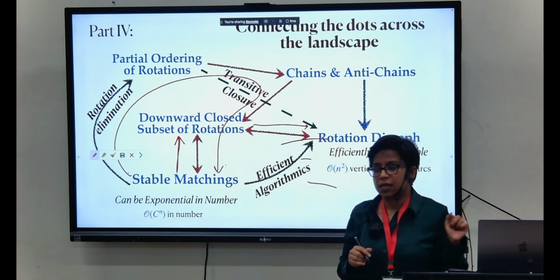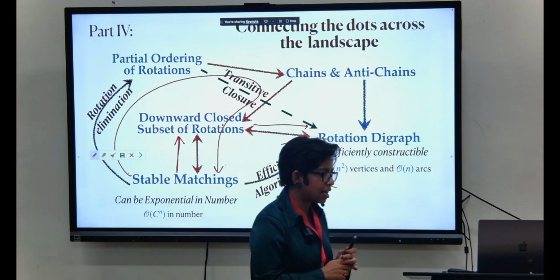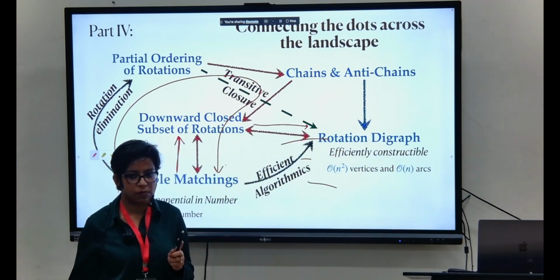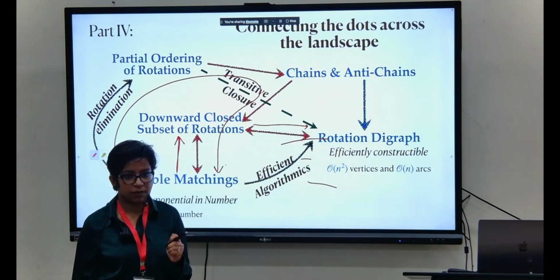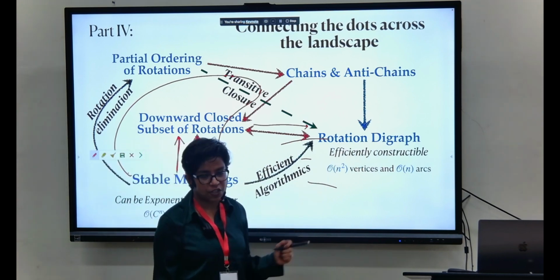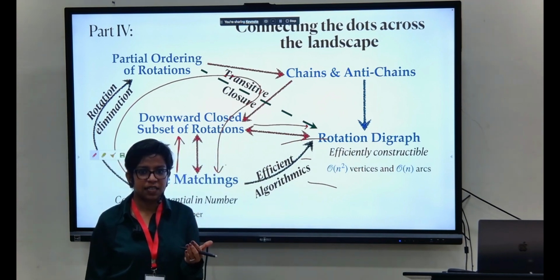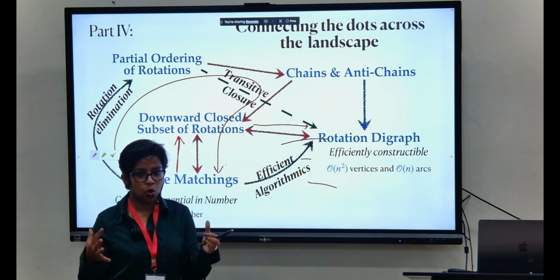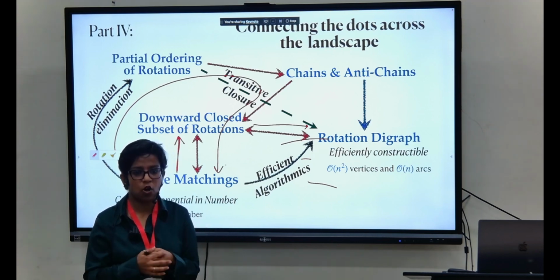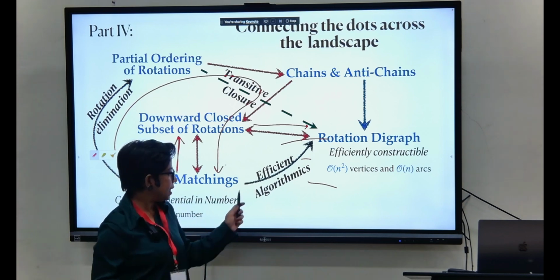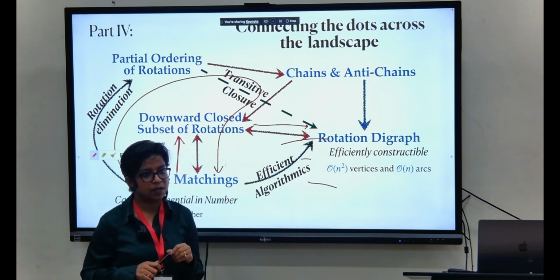This allows us to infer every question on stable matching in terms of rotations and work with this very efficiently computable, sparsely representable, very easy to work with, low space overhead object. And this is where all the efficient algorithms come into play.